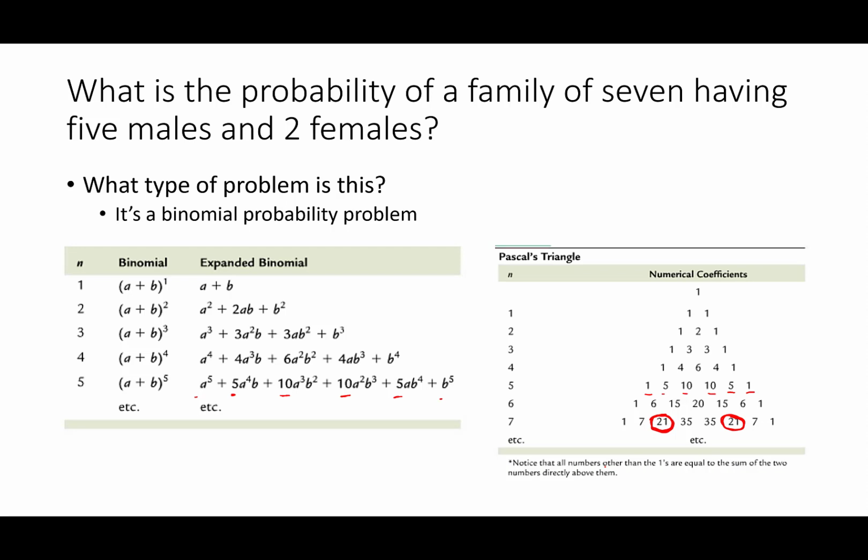Okay, so if I was writing this out, we would have had A to the 7th plus 7 times A to the 6th and B to the 1st plus, and then we get to our 21. 21 of A to the 5th B squared, which is the one we're actually looking for.